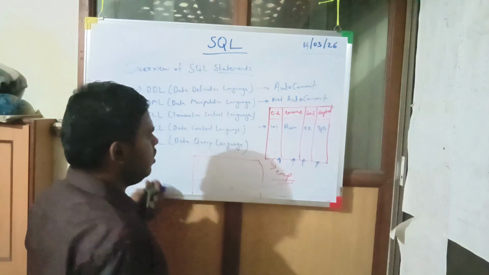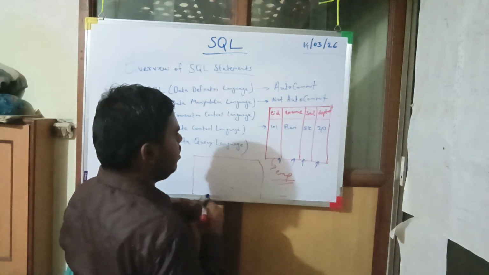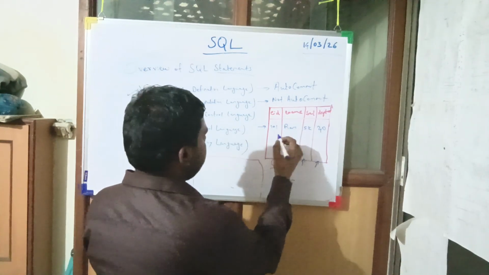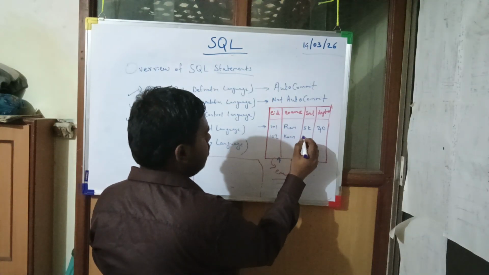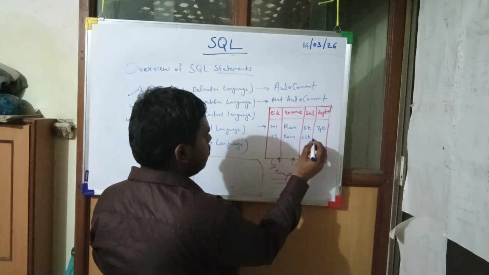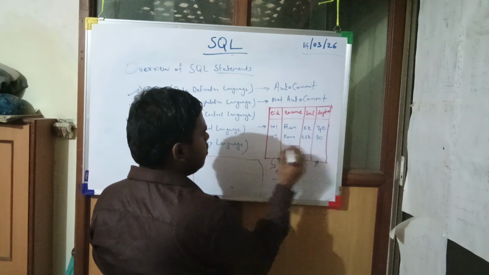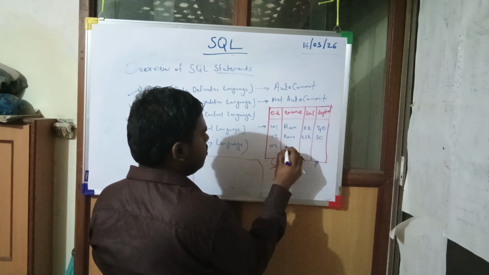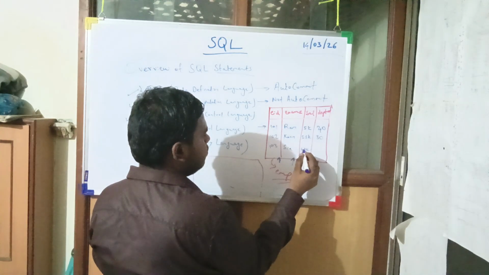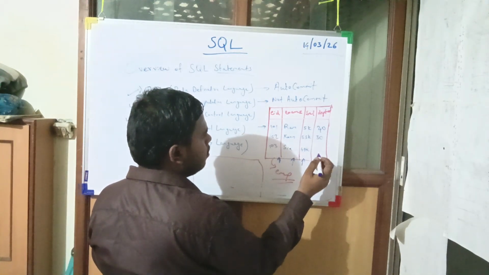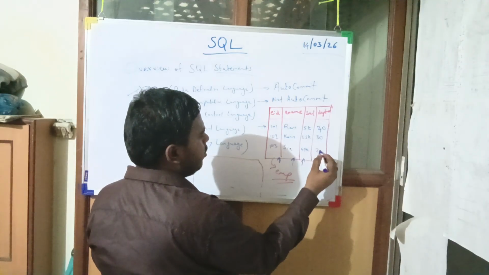Suppose I am giving one more entry: 102, Karan, 5.5k, 5000, department number 30. 103, Sia, let's say 4.9k, and department number 20.